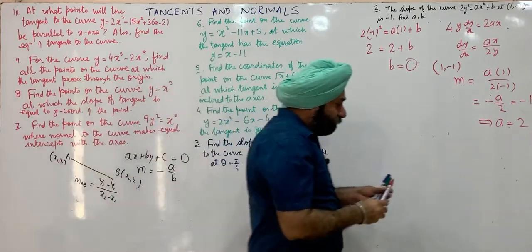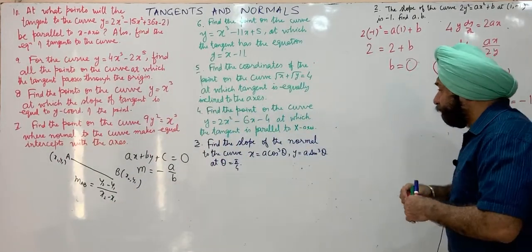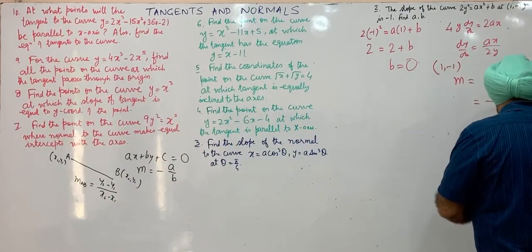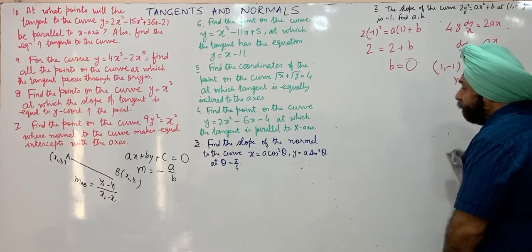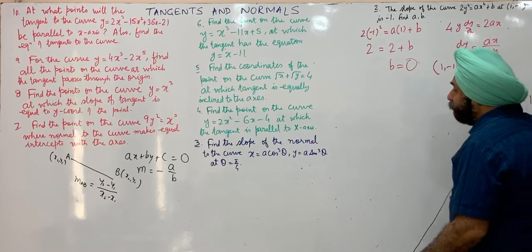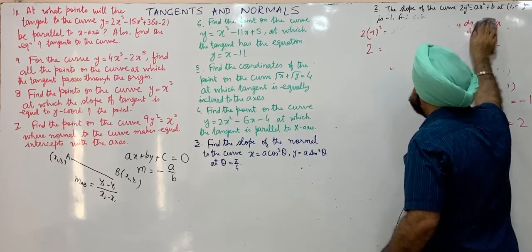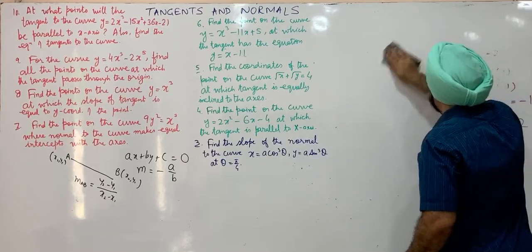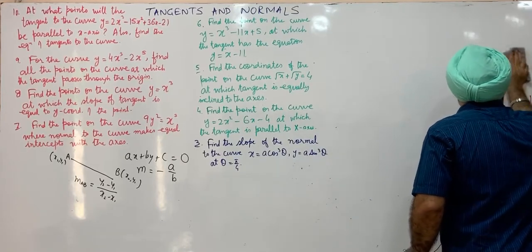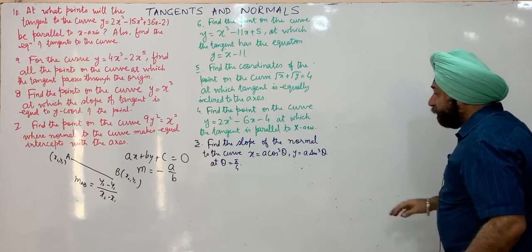The next one: we have to find the slope of the normal to the curve. The curve is x = a cos³θ, y = a sin³θ. The equation of the curve is given in parametric form, and the value of the parameter theta is also given, pi by 4.